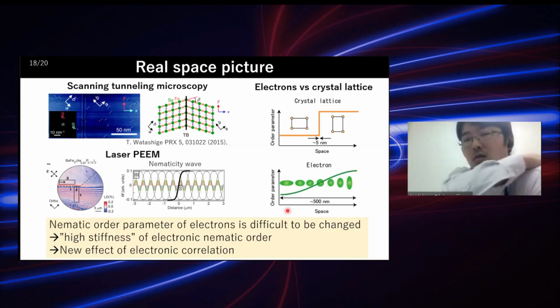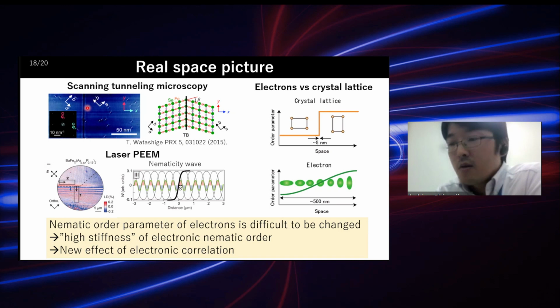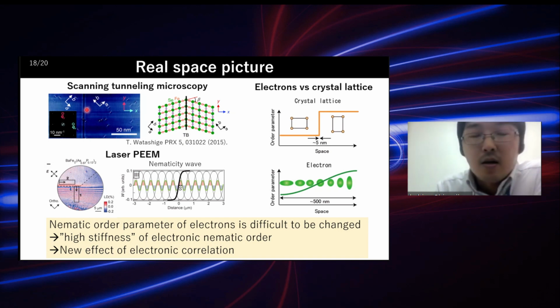So finally, I would like to discuss the real space picture. The previous STM measurement reported that the width of the orthorhombic domain boundary is very sharp. So this means that the order parameter of the crystal lattice shows a very steep change like this.